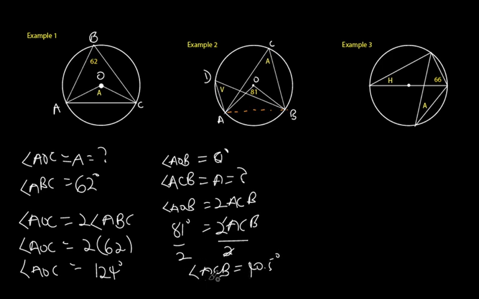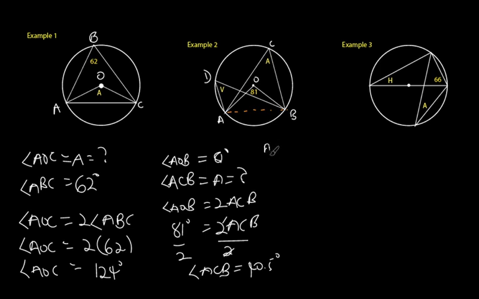So angle ACB, which is the A over here, is 40.5 degrees. Now can you see this same chord has another angle at this side of the circumference? From the second theorem, we can see that angles subtended by the same chord at the circumference are equal.